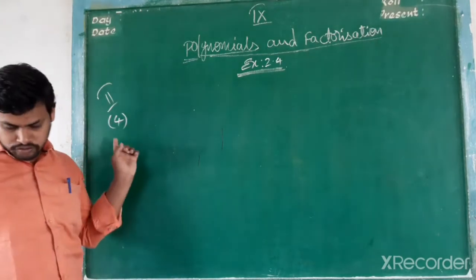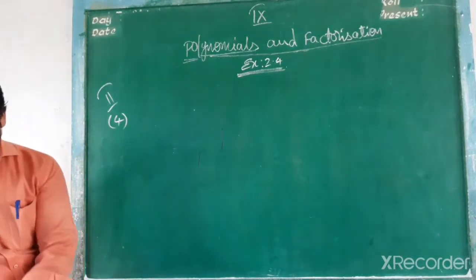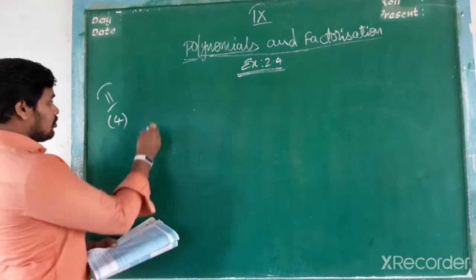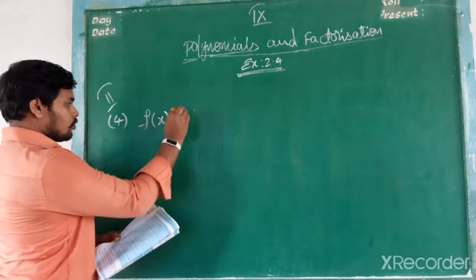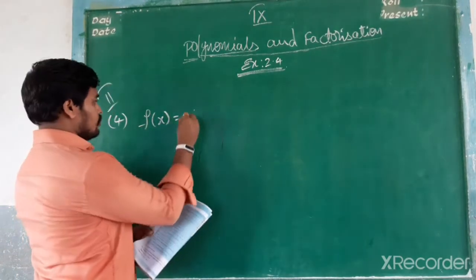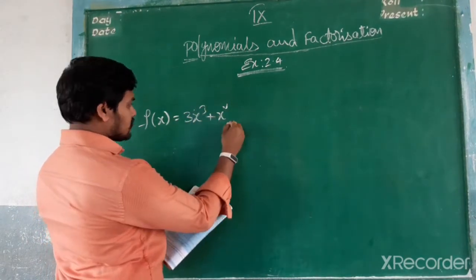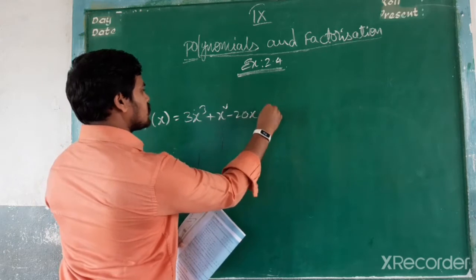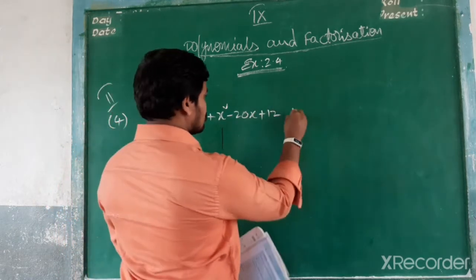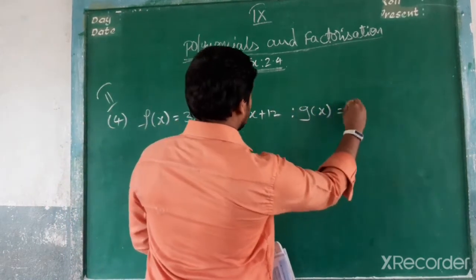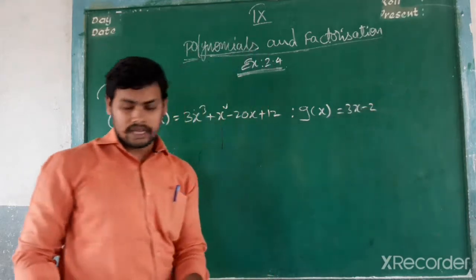Second round, fourth one. f of x equal to 3x cube plus x square minus 20x plus 12. g of x equal to 3x minus 2.